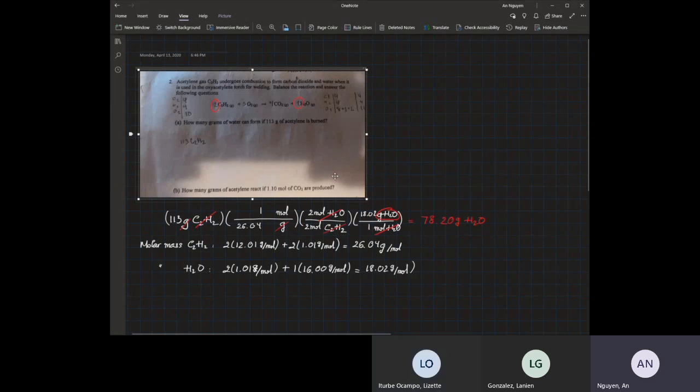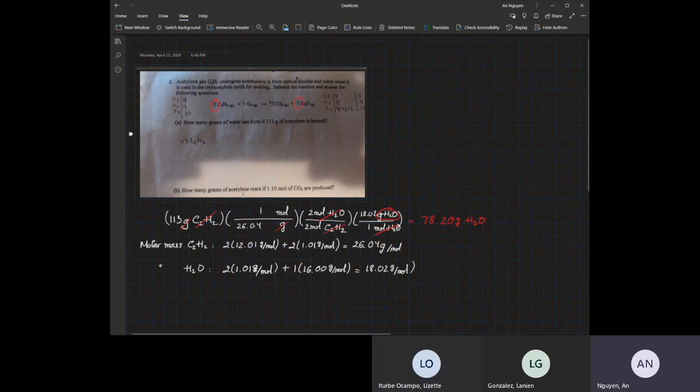Yeah, so we usually start out with the given, like 113 grams of acetylene. So that is the given, and we start with that. This problem involves converting from one compound to another. And usually when a problem involves conversion between one compound and another, we have to use moles, because the balanced equation is only good using moles.